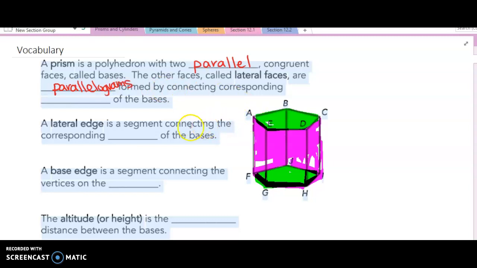And they're formed by connecting corresponding vertices of the bases. So notice, like on this one, you have one vertex, another vertex, if you draw a line, that's one lateral face.